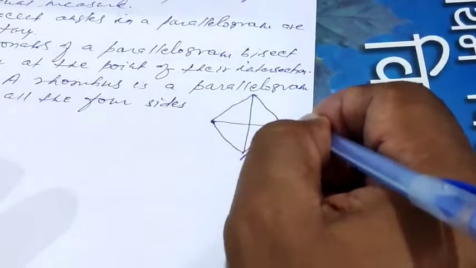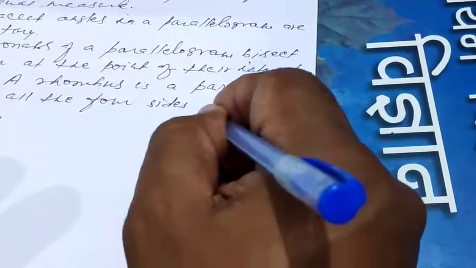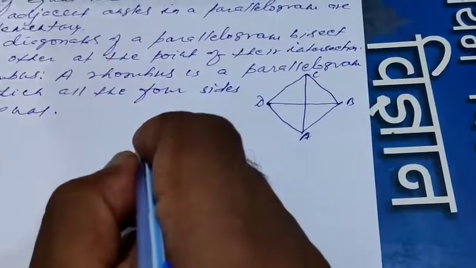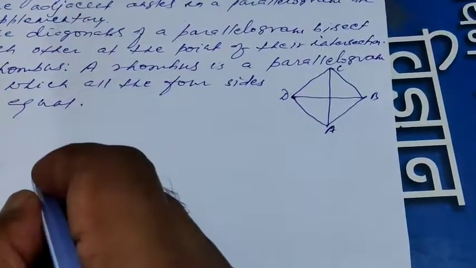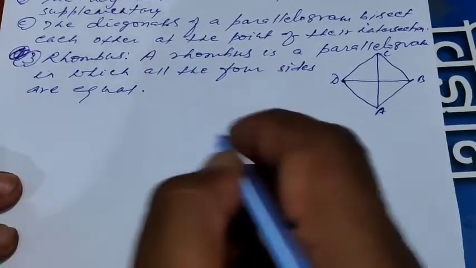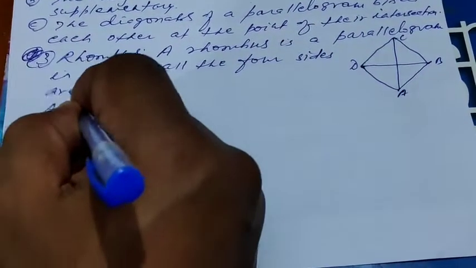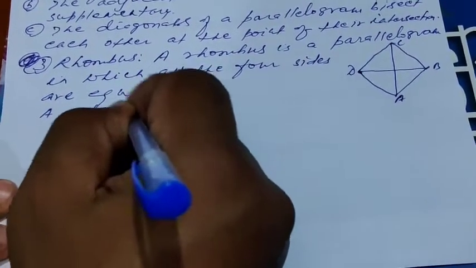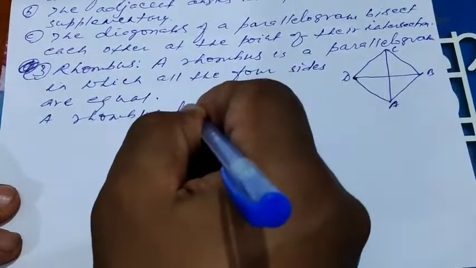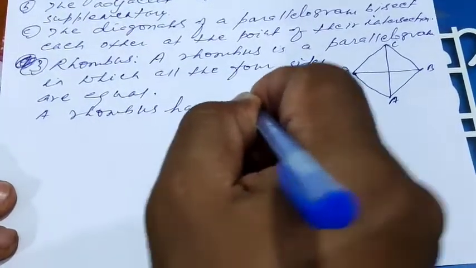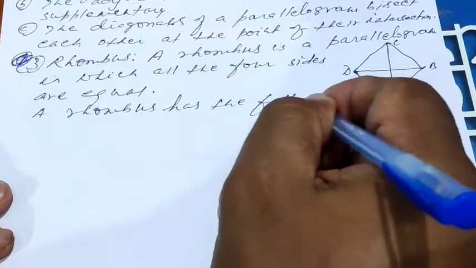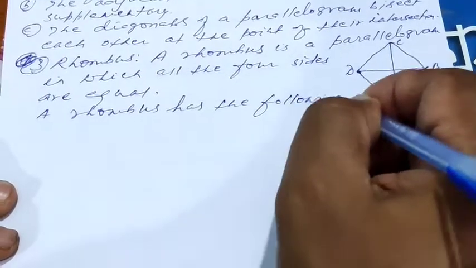ABCD. A rhombus has the following properties.